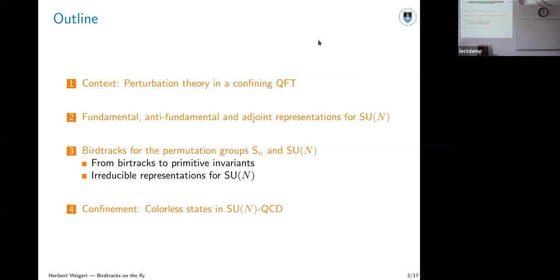I will then get to the point of talking about Birtracks, both for the permutation groups of N objects and SU(N). In general, we'll talk about primitive invariants and then get to irreducible representations, a certain subset of irreducible representations of SU(N), and then come back to the motivation a little bit and point to how that feeds into this.